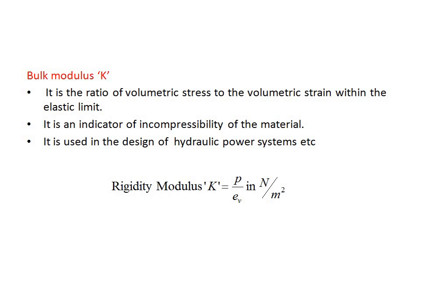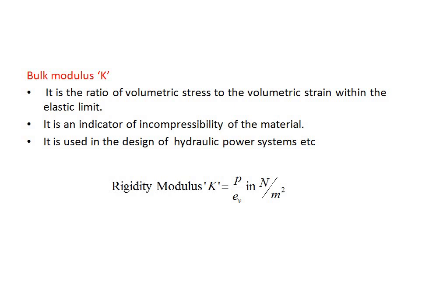Normally an external pressure will be the volumetric stress. It is an indicator of incompressibility of the material. If the material has more bulk modulus, its volume will not decrease, which means it is incompressible.